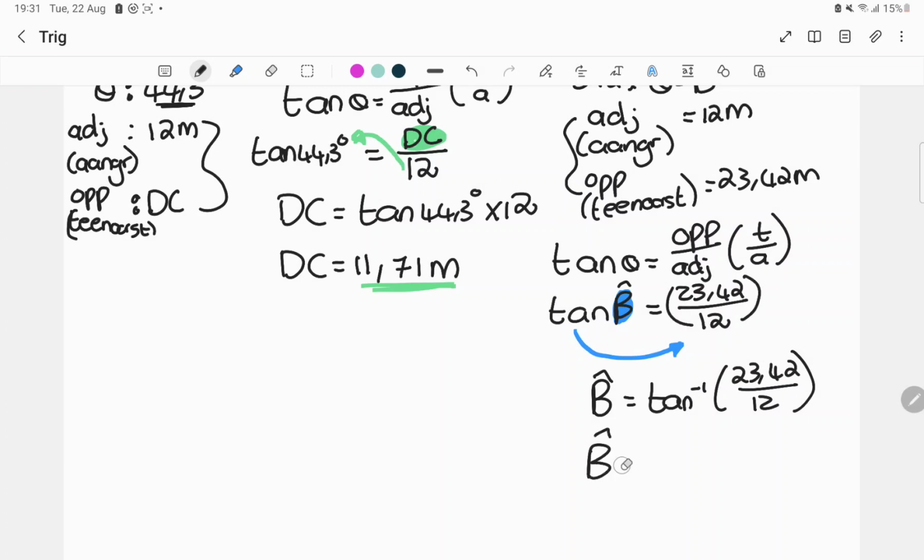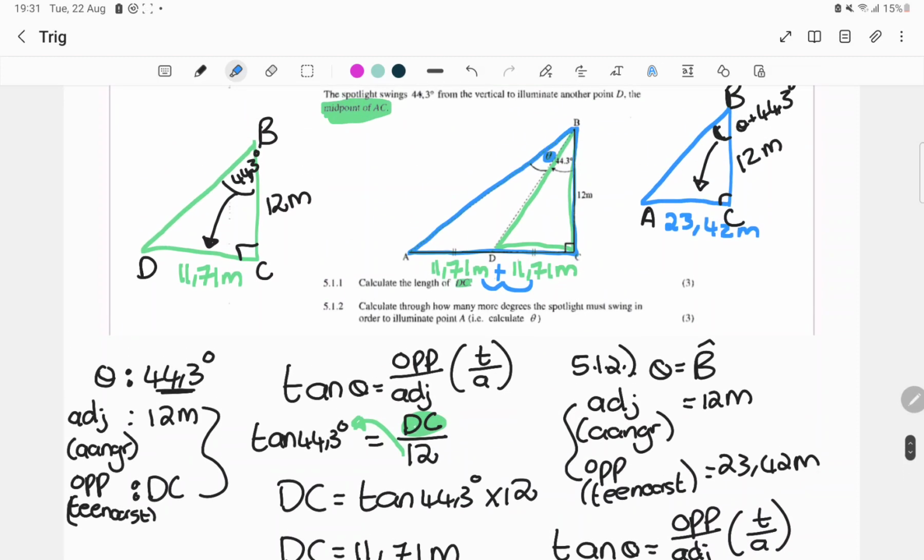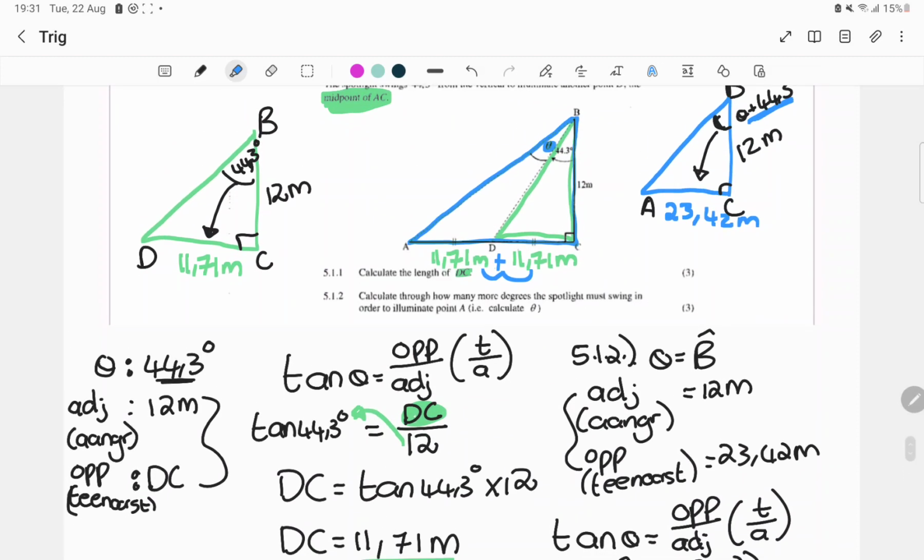That gives me angle B as equal to 62,87 degrees. But we only want to know theta. Remember, the entire angle B was theta plus 44,3.